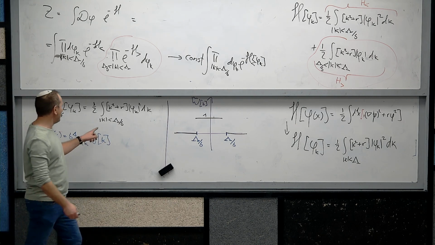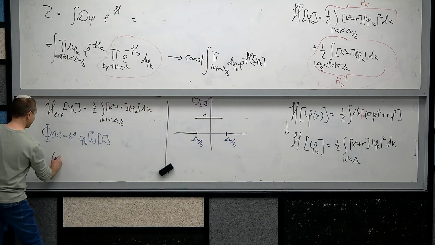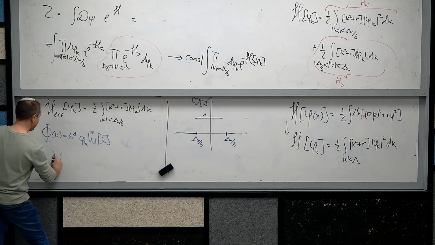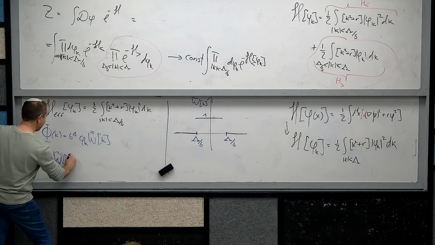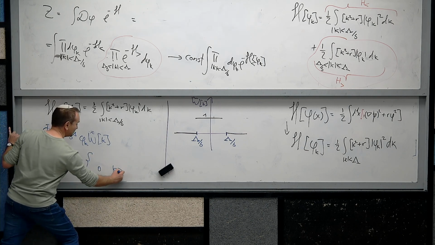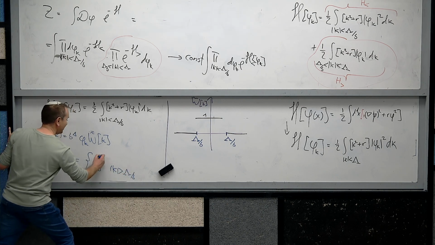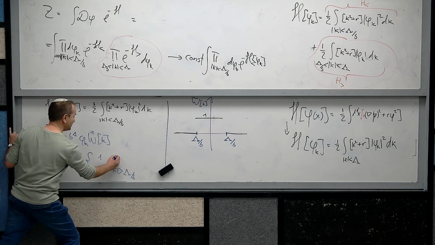Now, we notice that w of k is 0 if k is larger than lambda divided by b and 1 otherwise.